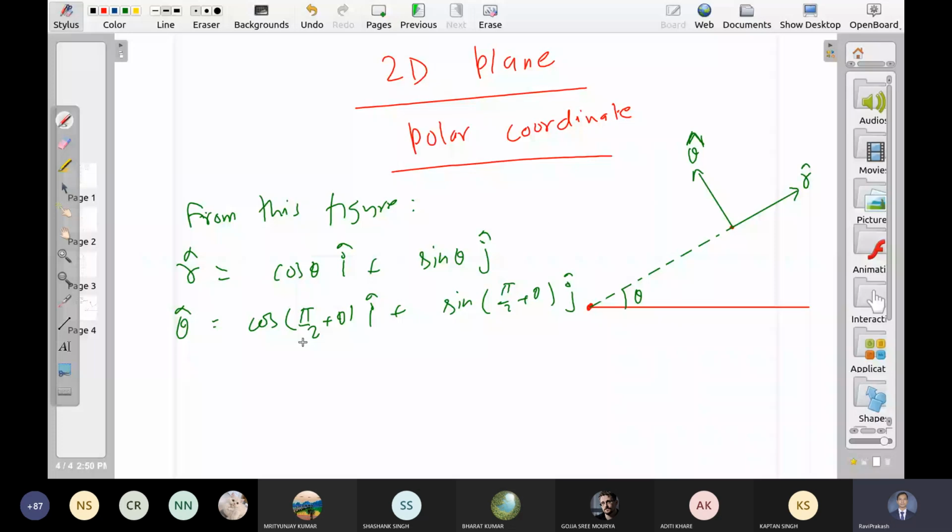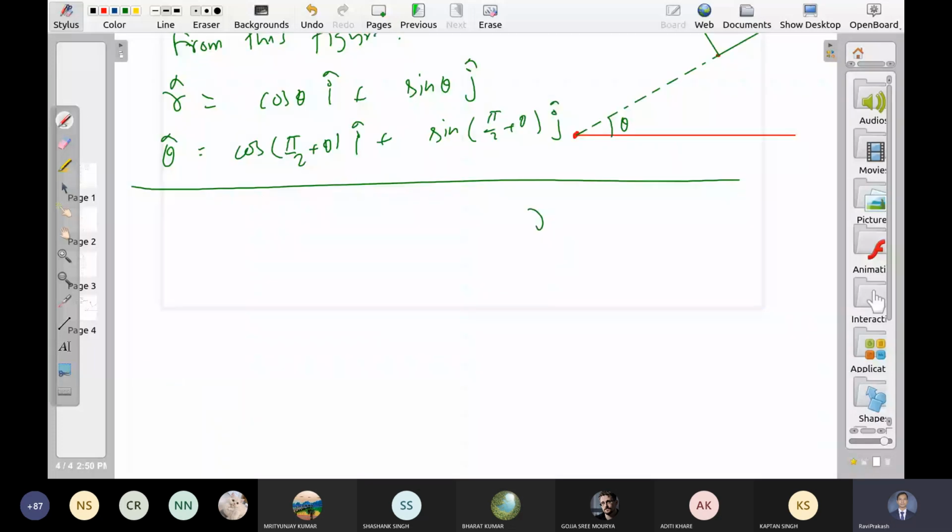As long as I know these relations, यदि मुझे ये relations मालूम है, x is equal to r cos theta, y is equal to r sin theta, or the reverse. Reverse means this.